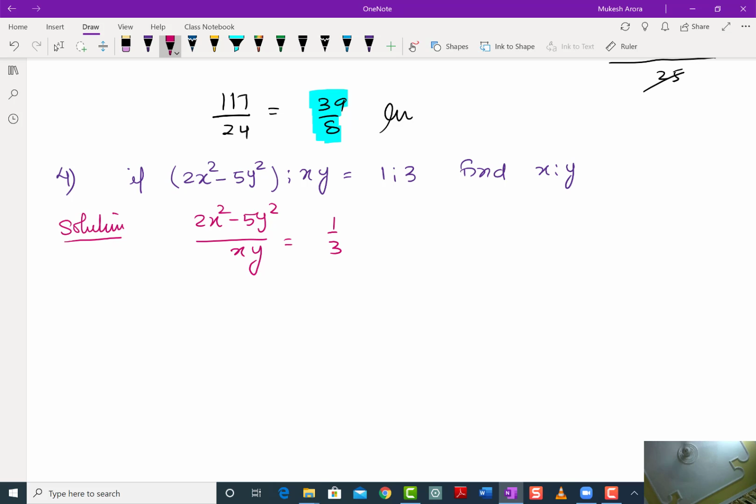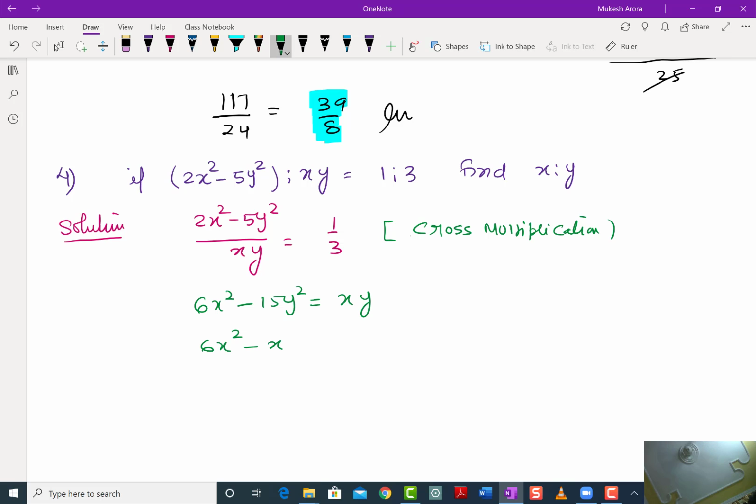So again we are not left with any option apart from what? Yes, cross multiplication. When we do the cross multiplication, it will be 6x square minus 15y square is equal to xy, or it will be 6x square minus xy minus 15y square is equal to 0.